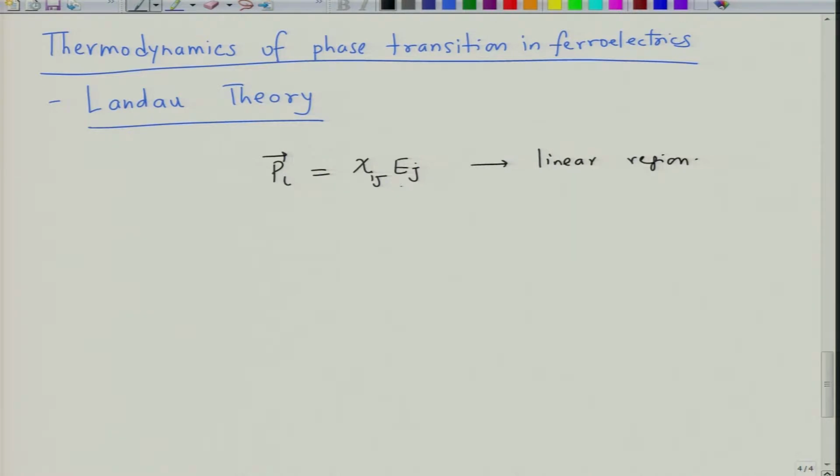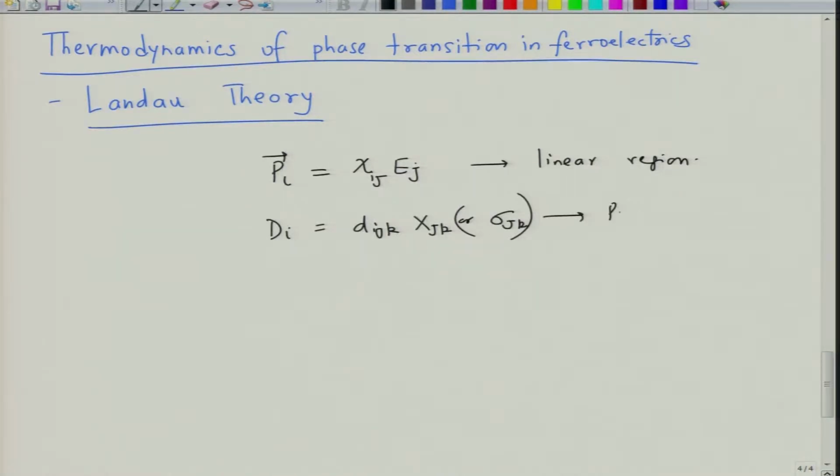Okay. Basically you apply an external electric field, which leads to a change in the charge density in a polar material, that is polarization. And similarly when you apply stress, you can change the charge density. So, d_i is equal to d_ijk into sigma_jk.